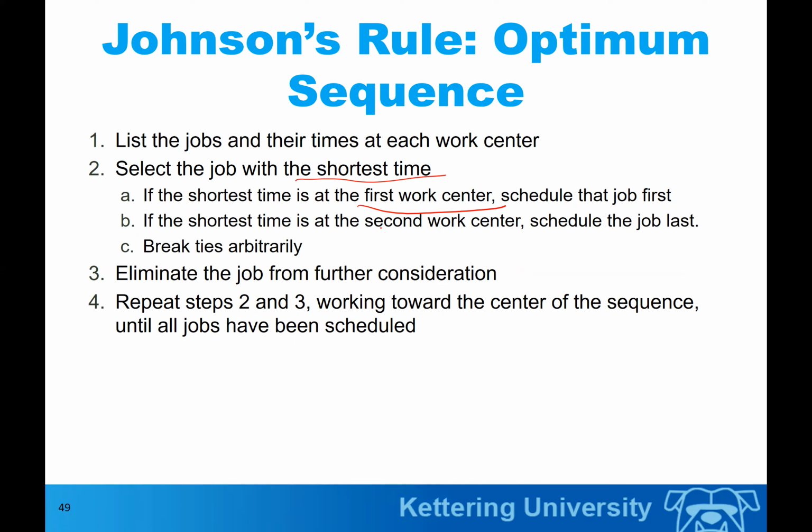Otherwise, schedule it at the end of the sequence. If there are ties, you can break the tie arbitrarily. You eliminate the jobs that you have selected, which makes sense. Then repeat steps 2 and 3, working toward the center of the sequence until all jobs have been placed in the schedule.